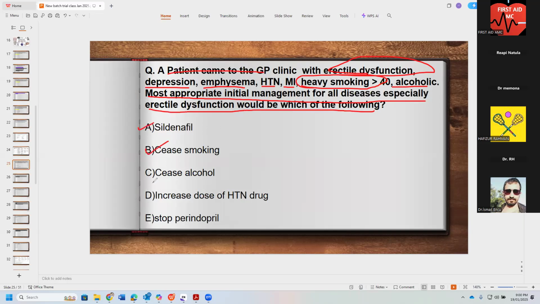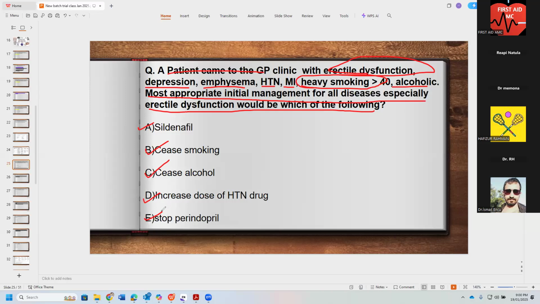Sildenafil, cease smoking, cease alcohol, increase dose of hypertensive drug, or stop perindopril. So a patient has erectile dysfunction but has different comorbidities as well. They are asking for initial management that can help with the management of the rest of the diseases as well. That would be very good.